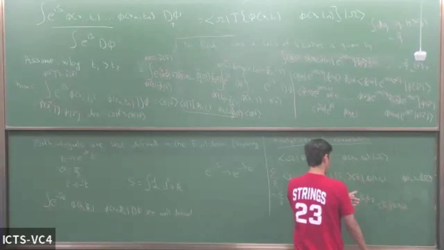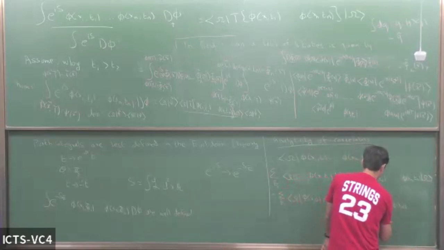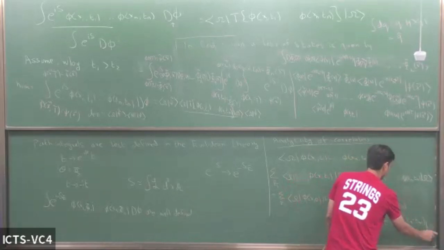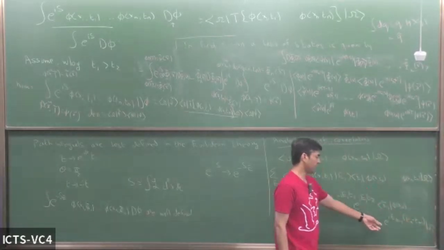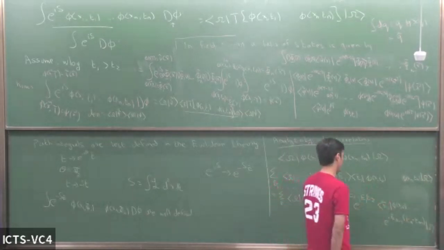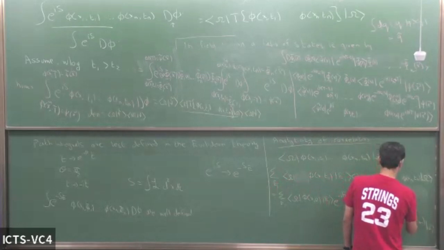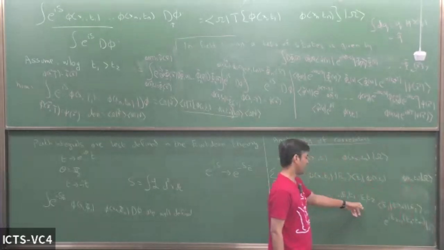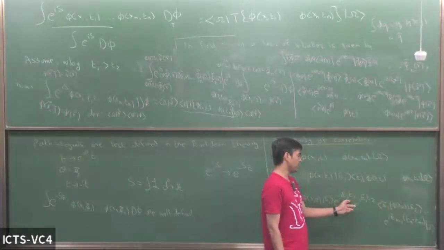And in the last part, you will get e to the i E_{n-1} into T_n minus T_{n-1}. What I want to focus on are these factors. You will get these phi x's between E1 and E2. You'll get similar factors, but look at these phase factors. They all look like e to the i E1 into T2 minus T1.